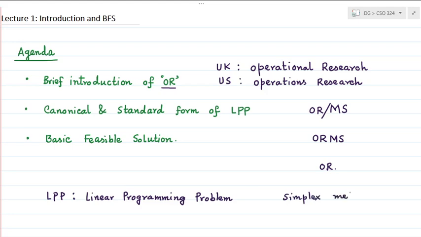The simplex method was developed by US mathematician George Bernard Danzig.